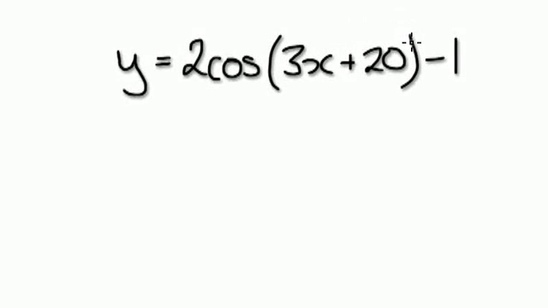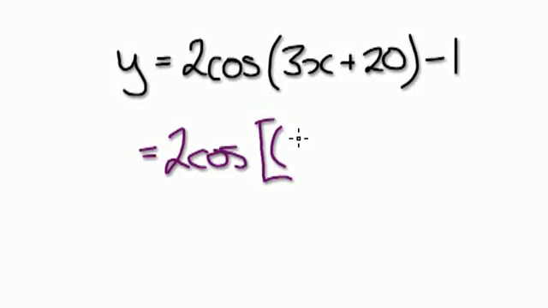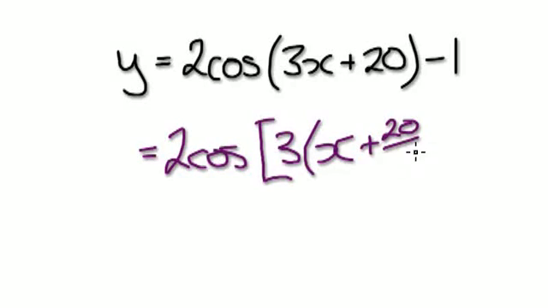Okay, so to do this here, sort out this thing first. So write it as this: 2 cos, and then factor out the 3. So it's going to be 3 bracket x plus 20 over 3, whatever this whole number is, I don't know, but just leave it as that for the time being.